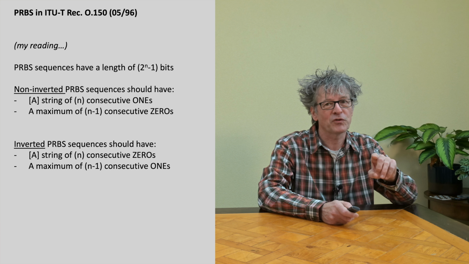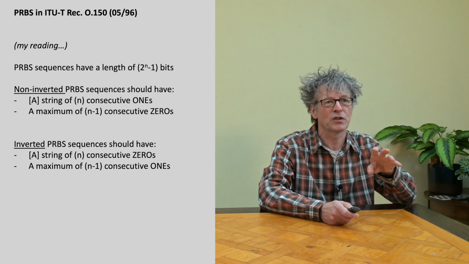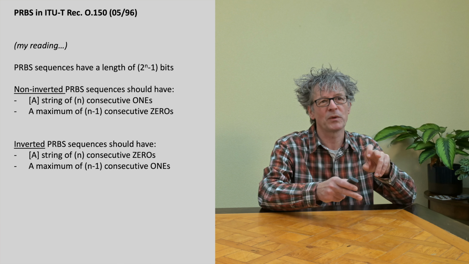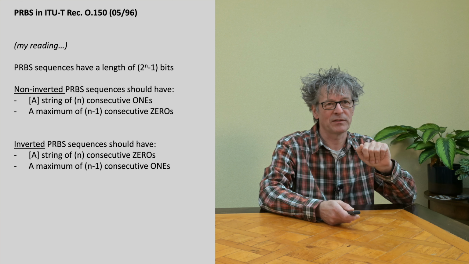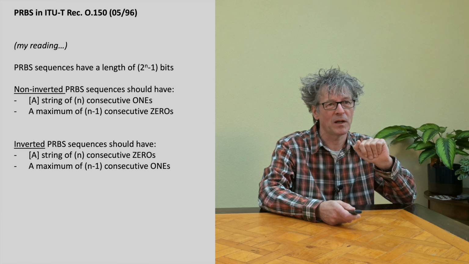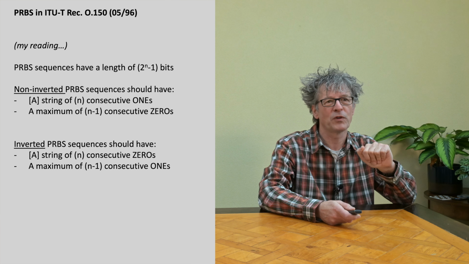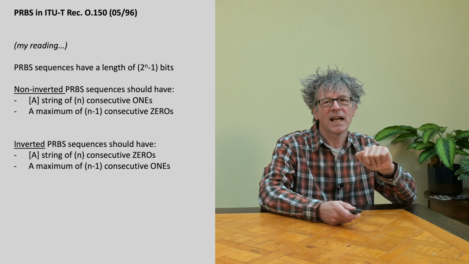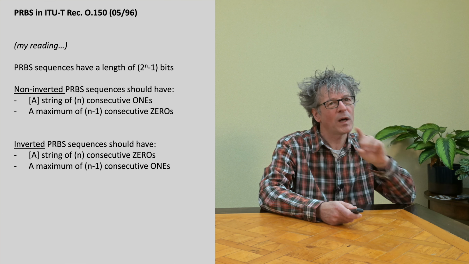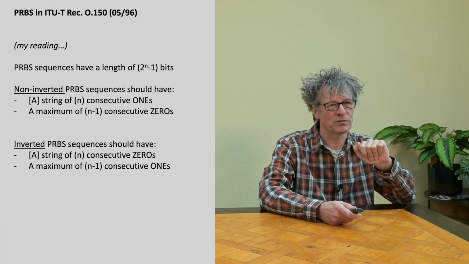A regular sequence, and regular here means non-inverted, should have a maximum string of n consecutive ones, so 9 in the case of PN9, and a maximum string of n minus 1 zeros. I think they mean to say there should only be one string of that length, but even that is not very clear. We also understand from the standard that there can be inverted codes, which have exactly the opposite properties. They're simply inverted.